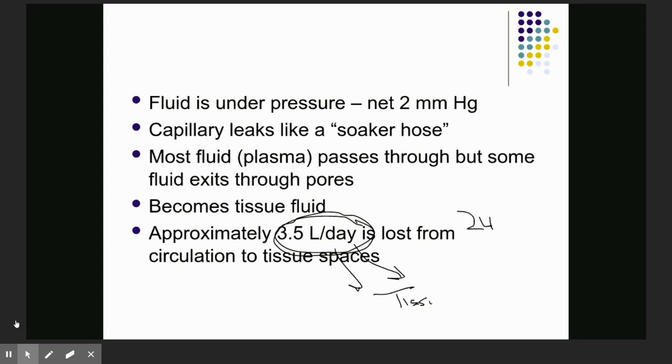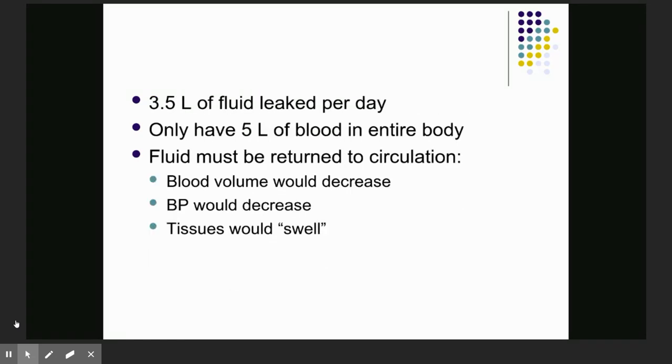Look, 3.5 liters is going to come out of your blood. Remember, you only have 5 liters of blood. 3.5 liters is going to leak out. If 3.5 leaks out every day, we only have 5 liters. In just 1.5 days, we would have no blood. We'd have no fluid at all.